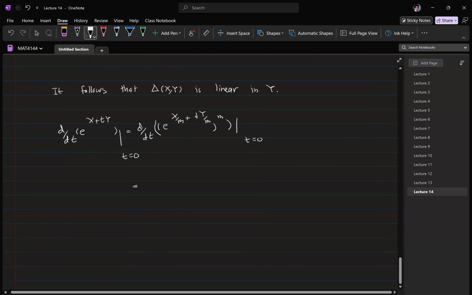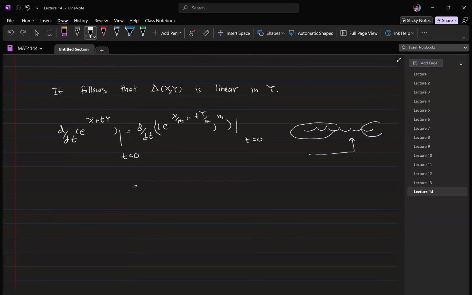And now this is really a product of m functions multiplied. If I want to differentiate this, for each k, I should differentiate the kth one, evaluate the derivative, and also evaluate the ones before and after at the point I'm differentiating, which would be t equal to 0, and then multiply everything, right? So what I get is the following summation.